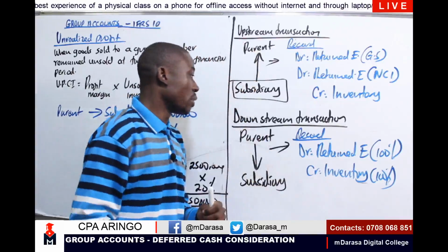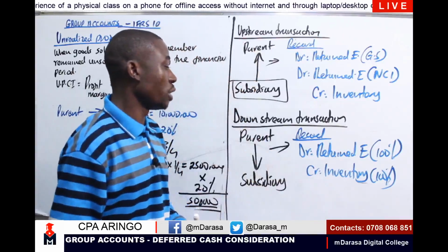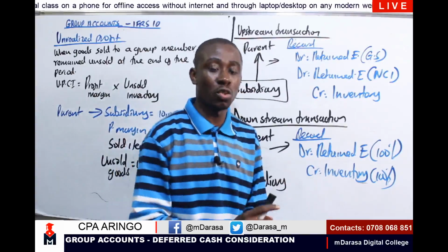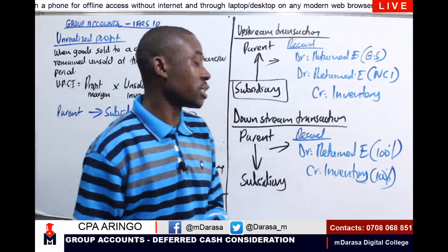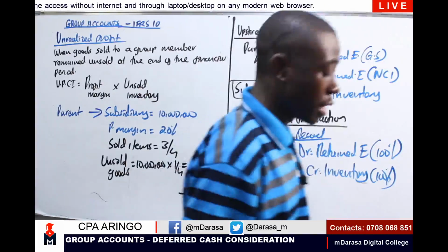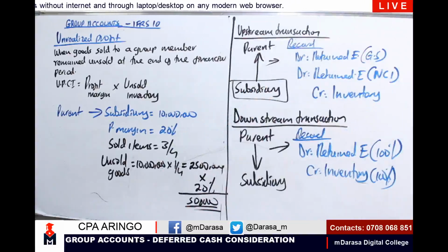For a downstream transaction, I'm going to debit our retained earnings with 100% of UPS, and credit our inventory with 100% of UPS. Very key that you should be able to understand that.